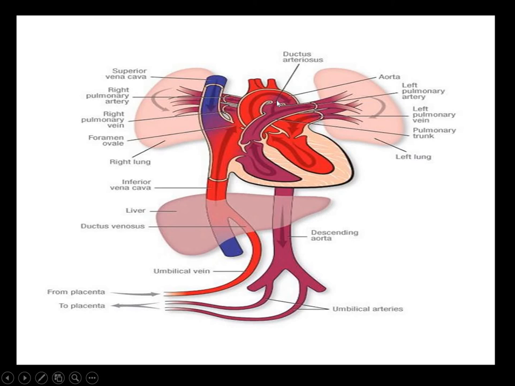This blood is directly diverted into the aorta with the help of the ductus arteriosus, and that blood is delivered to all parts of the body. And from the left atrium, the blood is passed into the aorta and delivered to all parts of the body. Again, the deoxygenated blood is carried by the umbilical artery and delivered to the placenta.